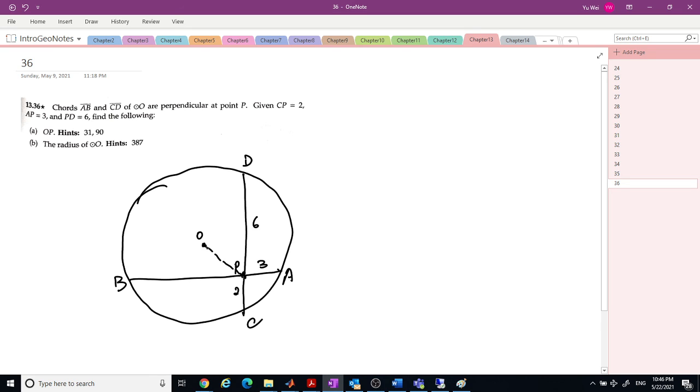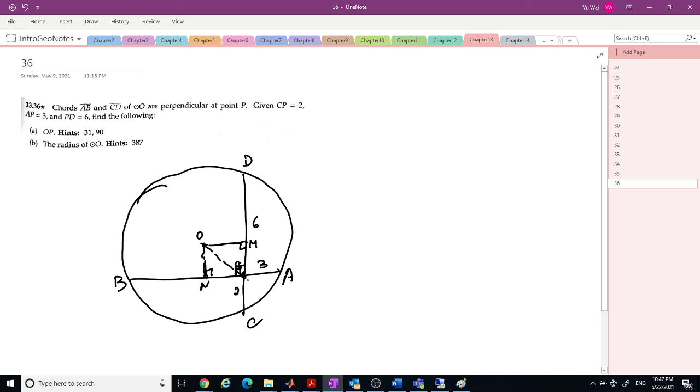Okay, so here you can see we have two chords, they are perpendicular, right? And in this case, we want to find this one and this one. Why do we want to find these two? Because we know M is the midpoint of CD and N is the midpoint of AB, right?